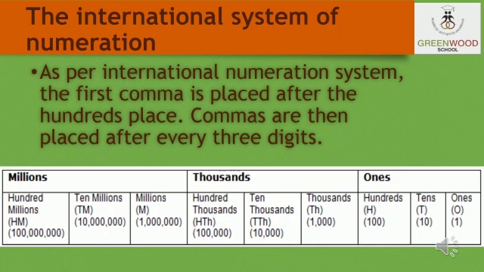As per the International Numeration System, the first comma is placed after the 100 place. Commas are then placed after every 3 digits. The values of the places in the International System of Numeration are ones, tens, 100, 1,000, 10,000, 100,000, million, 10 million, 100 million, and so on.